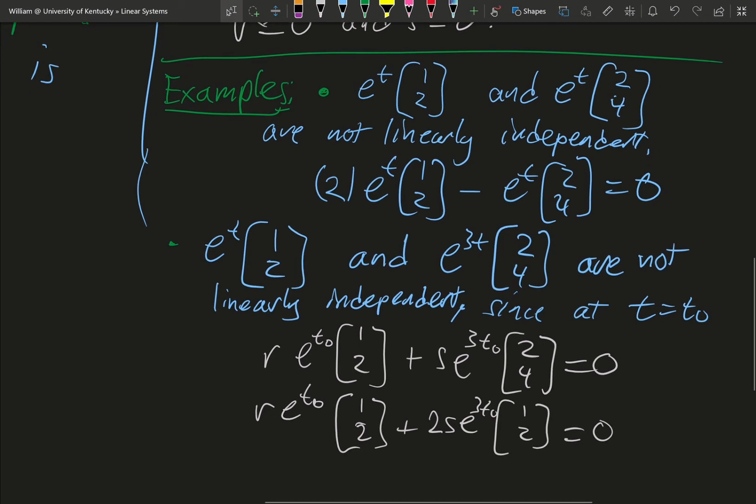So I could set r equal to, let's say, 2e to the 2t0.